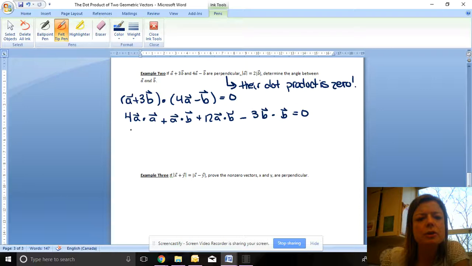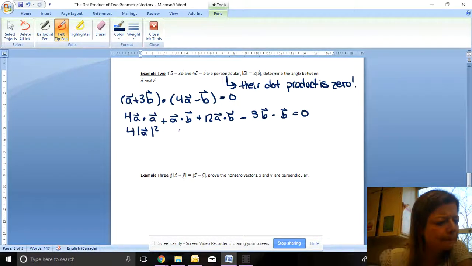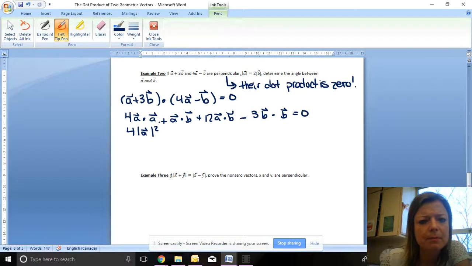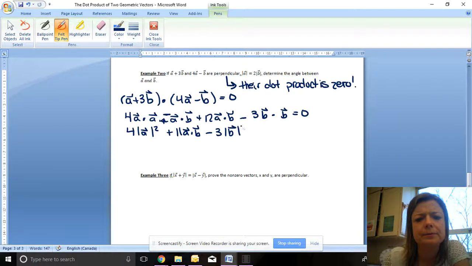So remember that when two vectors are dotted together, the same vector by itself, this is just the magnitude of that vector squared. Okay, and we can collect this to be, sorry, this should have been minus A dot B here. So this is plus 11 A dot B. And this is minus 3 times the magnitude of B, all squared, equals 0.